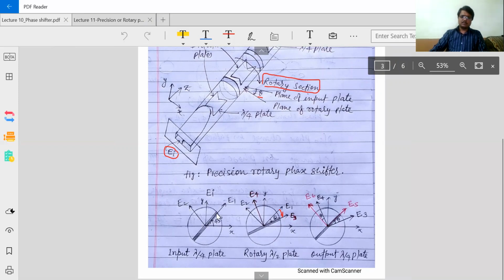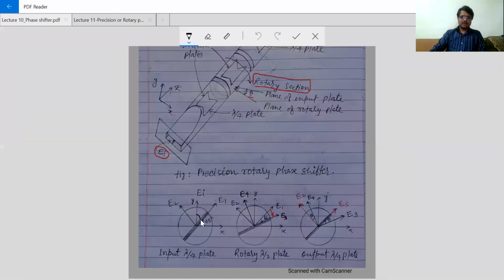And what is the angle between these two? 45 degrees. As we have discussed, the angle between the plate and the input electric field is 45 degrees. So if this is 45 degrees, then this is also 45 degrees.